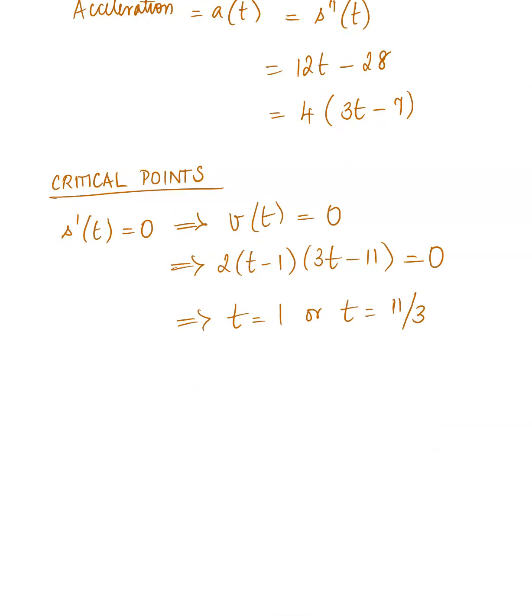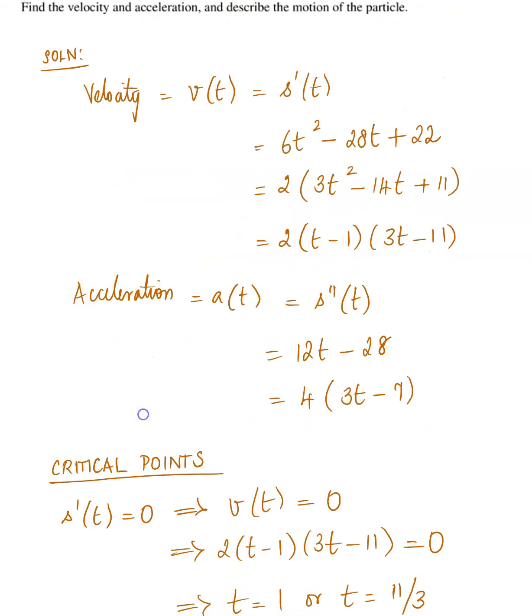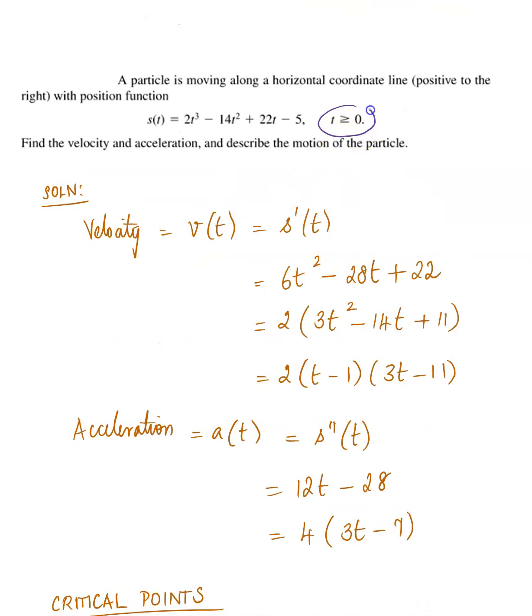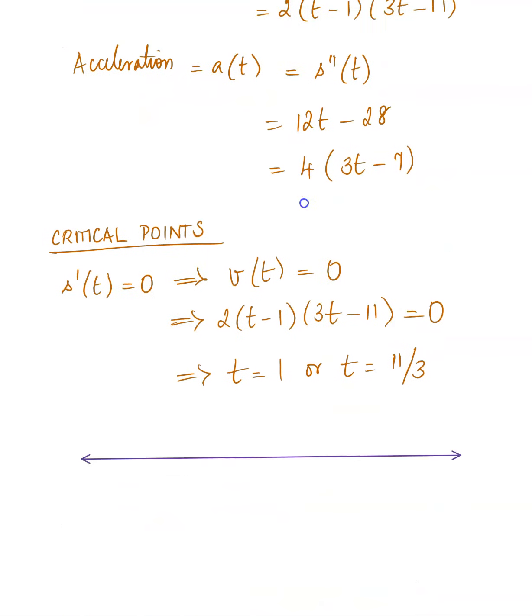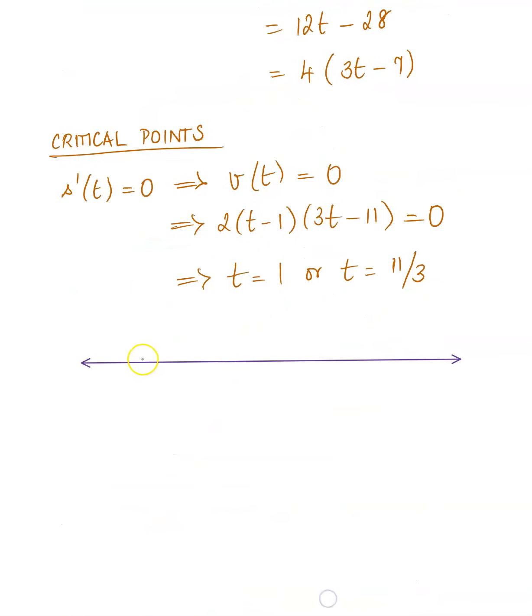Now we can draw the number line and mark these points. Remember our t, let me take you back quickly to the problem. T is greater than or equal to 0, so there is a starting point for t. I'm going to mark this as 0 so that I can accommodate the other values. Then we have 1 here and 11 over 3 here.